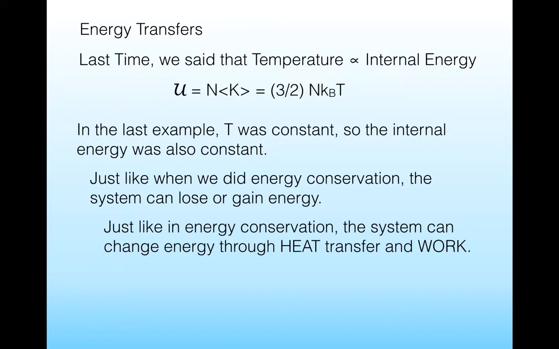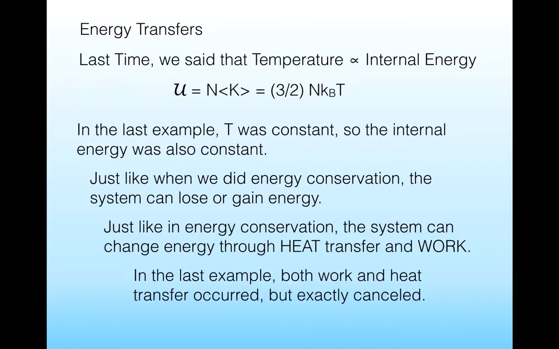And so these are two ways that our thermal systems can also lose or gain energy. In the last example, both work and heat transfer occurred, but they exactly canceled to make it so that the total internal energy of the system was constant. We'll talk about this more later when we talk about specific thermodynamic processes.